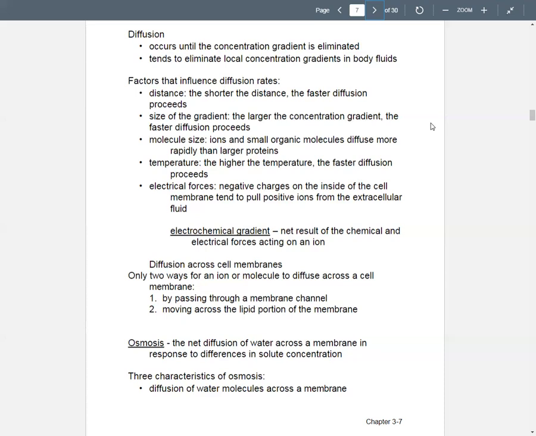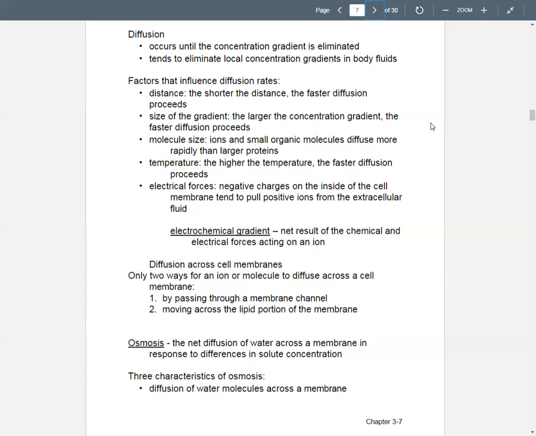And electrical forces. You can have concentration gradients, but you can also have electrical gradients. So negative charges on the inside of the cell membrane can pull the positive ions from the extracellular fluid toward the inside. The net result of these chemical and electrical forces acting on an ion is called an electrochemical gradient.